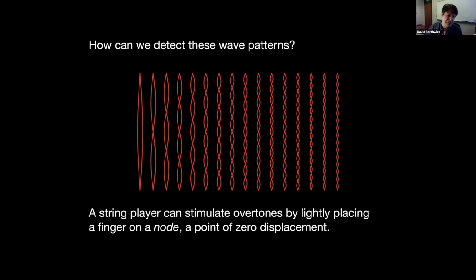We can block out the first pattern shown here, and select the second by putting a finger right in the middle of the string, and that will cause the first vibration to be impossible, and we'll see only the second. And the fourth, we won't see the third, etc. So we'll knock out certain vibrations by putting our finger on a place where the particular pattern has a node.